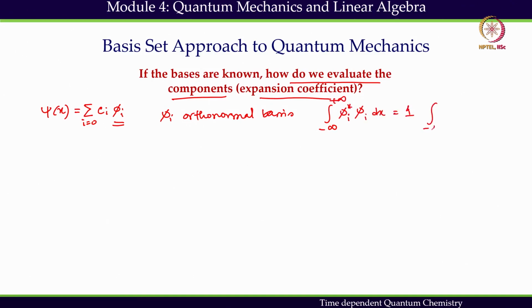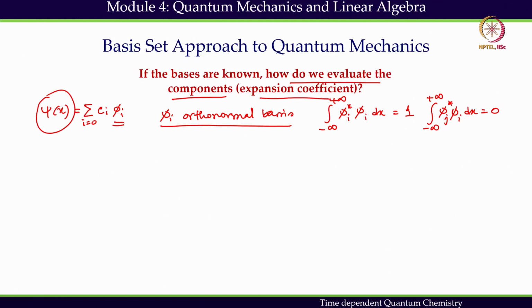But if I do this integration from minus infinity to plus infinity of phi j star phi I dx, this is going to be 0. So, we are assuming that we are expanding the total wave function in the basis of orthonormal wave functions, and if we do that, then we can use a trick to find out Ci.